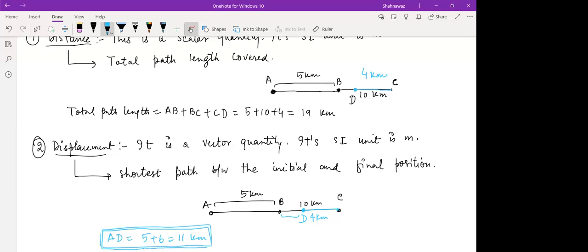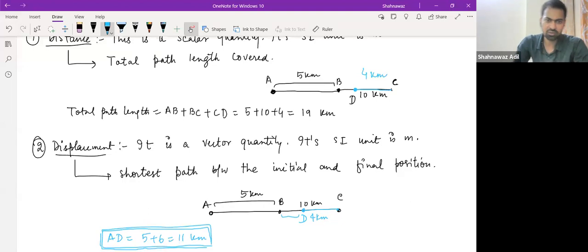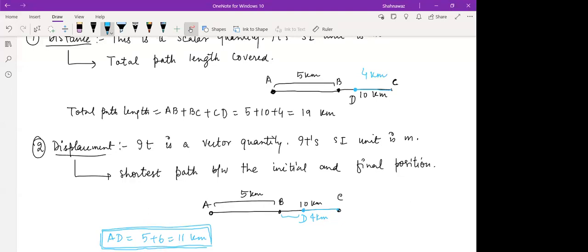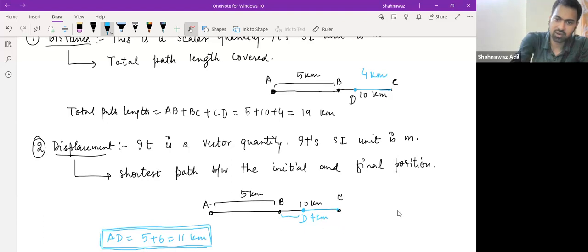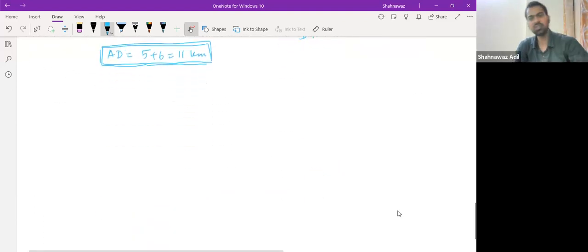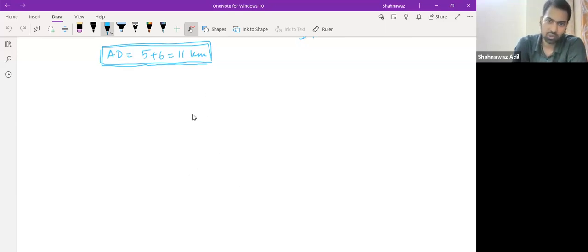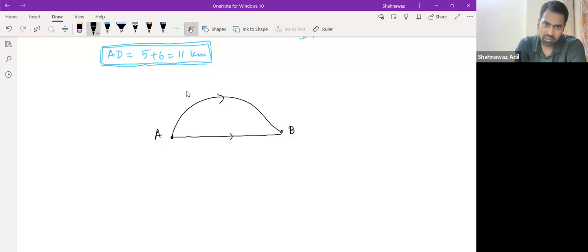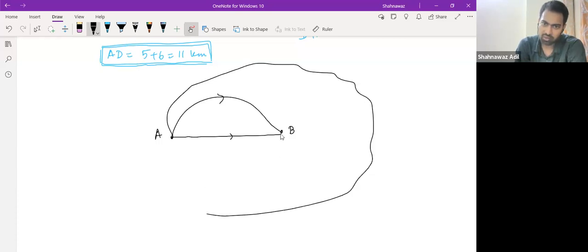Yes, sir. So did you note it down? Now let us draw more pictures to understand the difference between distance and displacement. Let's say this is some point A, and this is point B. Let's say that I move this way, this way, and this way.